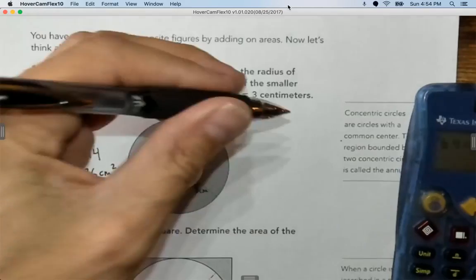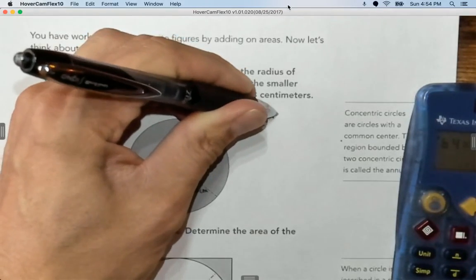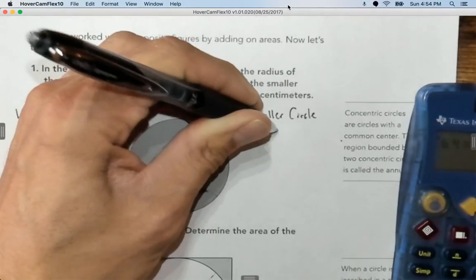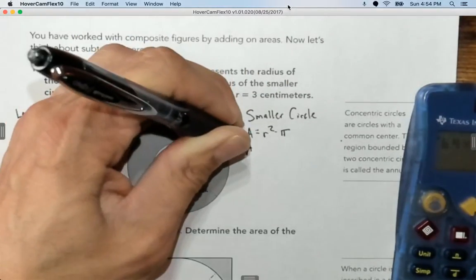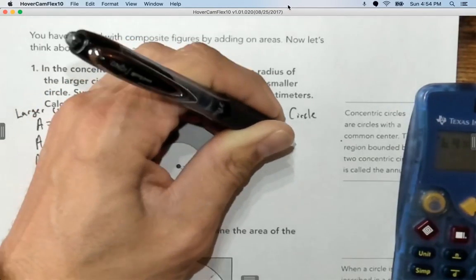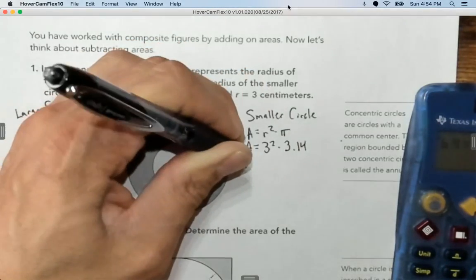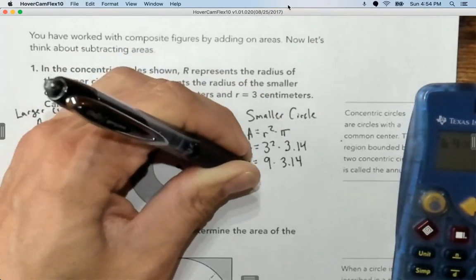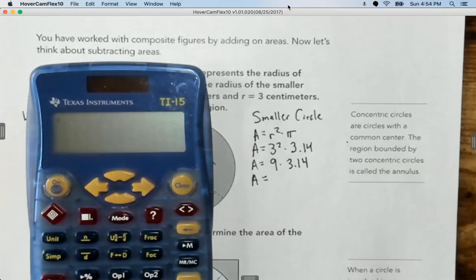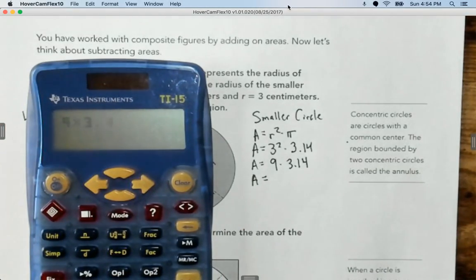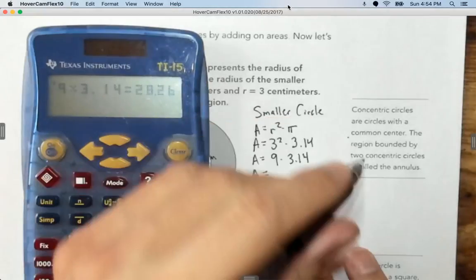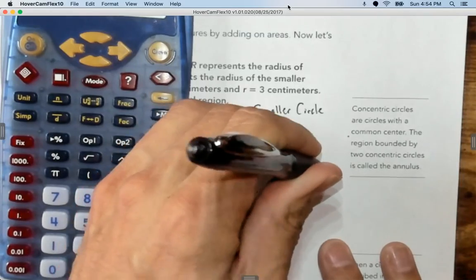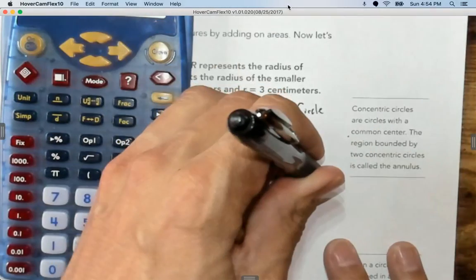Then we'll have the smaller circle. And then we have 28.26, or 28 and 26 hundredths centimeters squared.